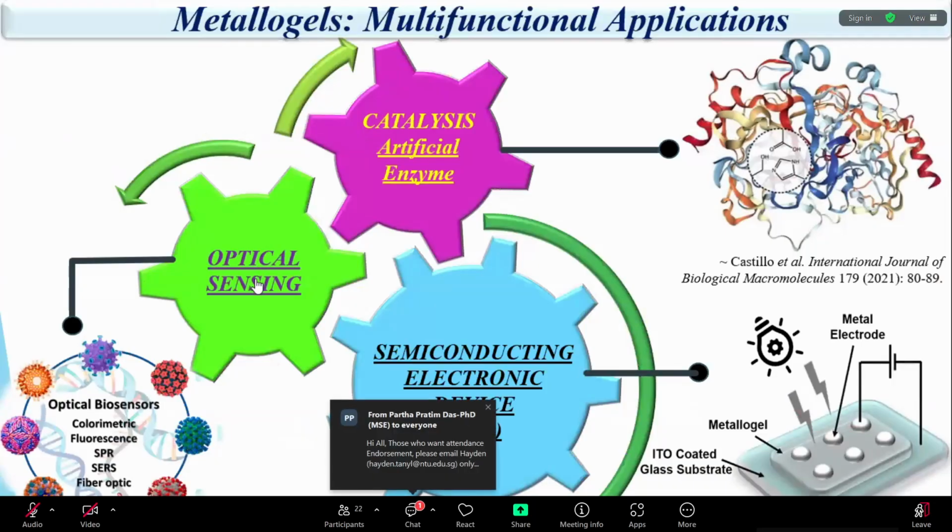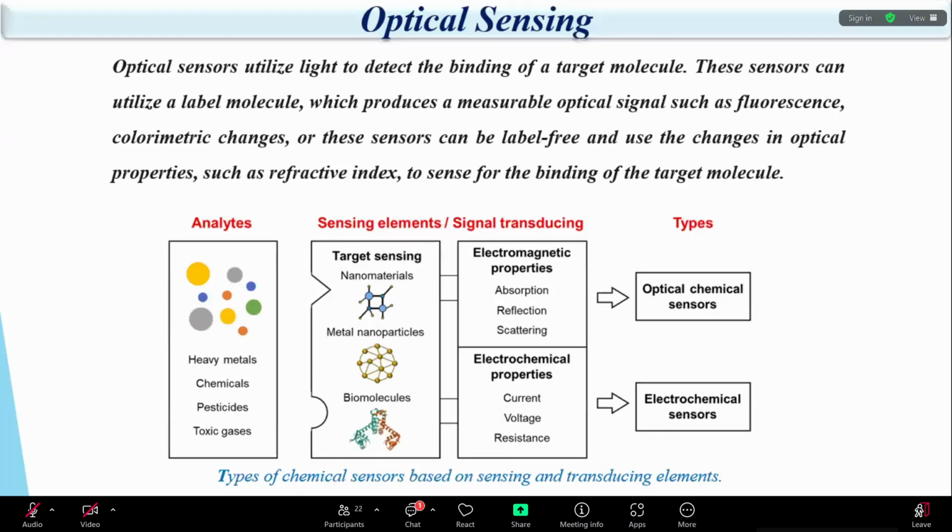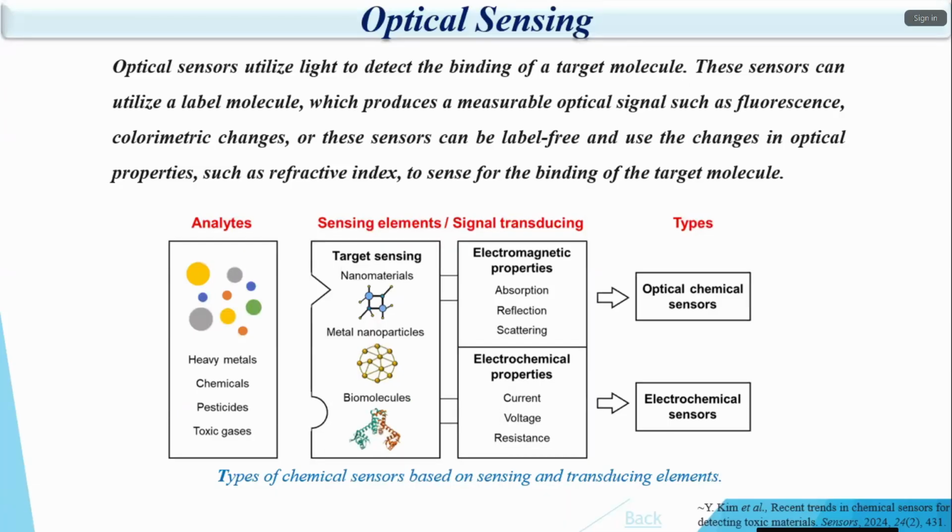We further used these metallogels for optical sensing. Basically, optical sensors utilize light to detect the binding of a target molecule, and these can be utilized with a label molecule, which shows differences in optical signals such as changes in fluorescence and colorimetric changes. These sensors can be label free as well, where changes in optical properties such as refractive index sense the binding of the target molecules.